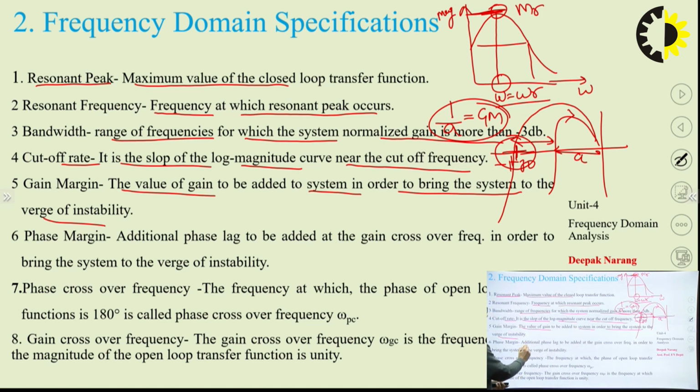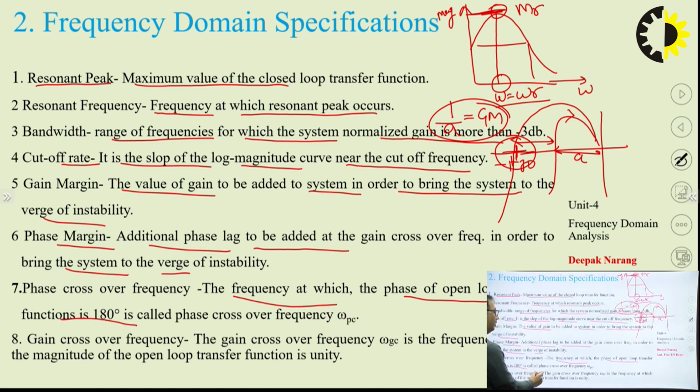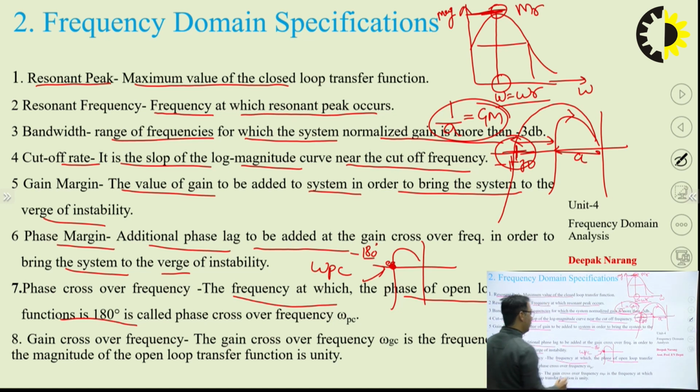In the same manner, phase margin is the additional phase lag to be added at the gain crossover frequency in order to bring the system to the verge of instability. Now, what is phase crossover frequency? The frequency at which the phase of the open loop transfer function is 180 degree, like this. Here, this frequency is termed as phase crossover frequency because at this frequency the phase of this system is minus 180 degree.